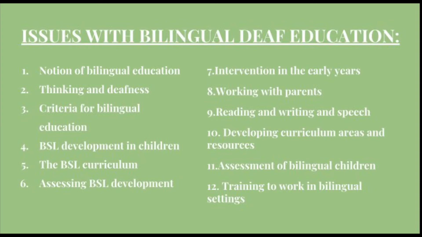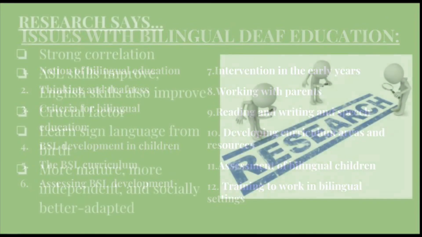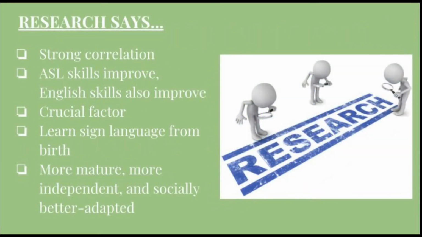There are also issues that arise in training to work in bilingual educational settings. They need to figure out how to train teachers and support workers who are going to work in that kind of setting. So research says a strong correlation exists between American Sign Language fluency and English literacy skills.